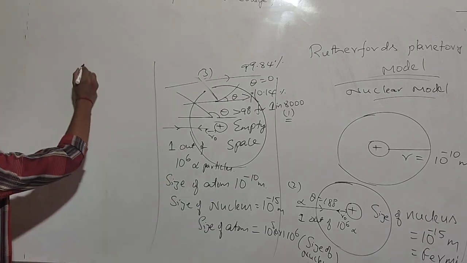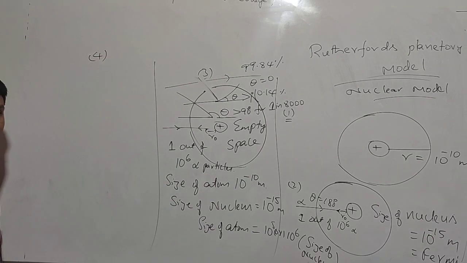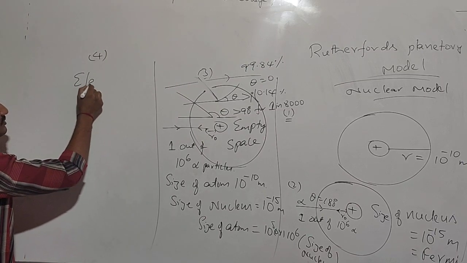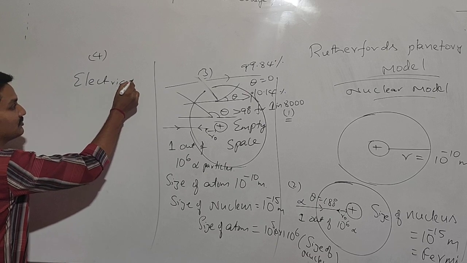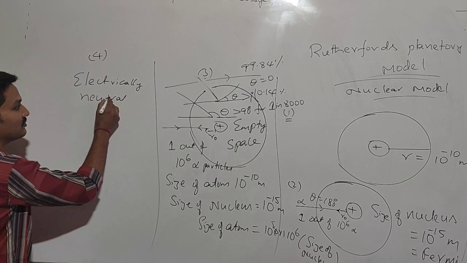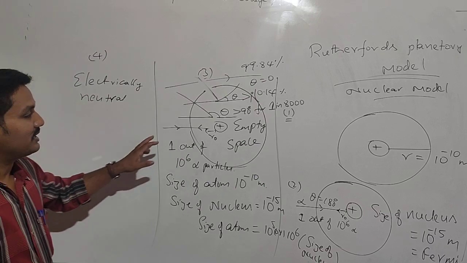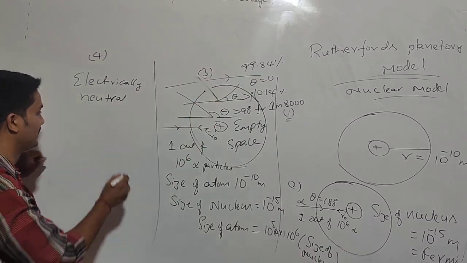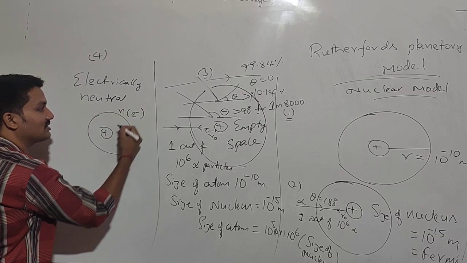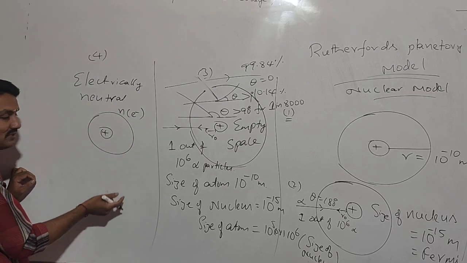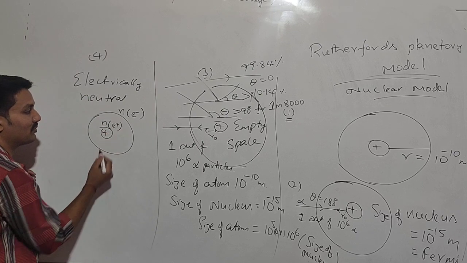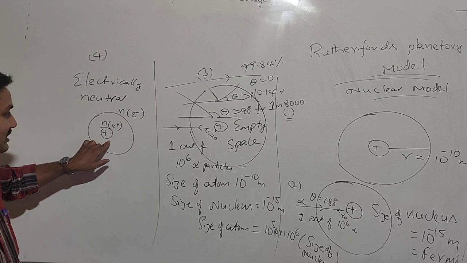Next, the fourth postulate: the atom is electrically neutral. That means the number of electrons revolving around the nucleus is equal to the number of protons at the center.